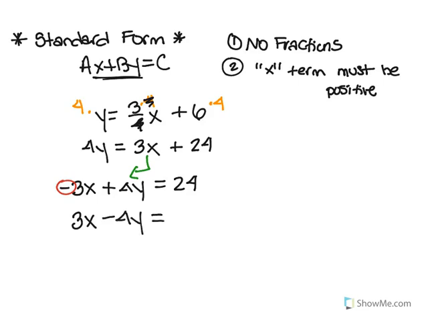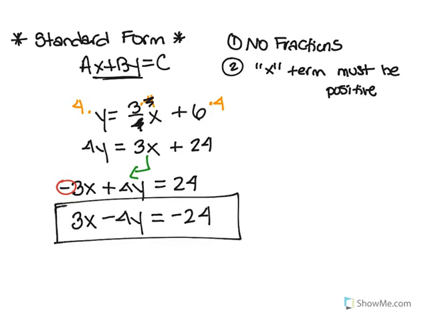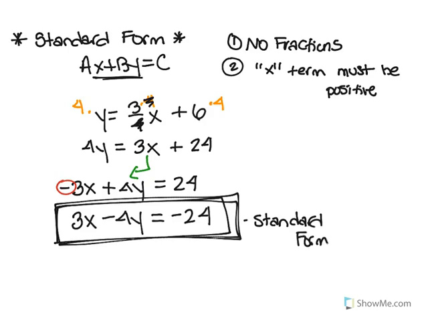And what type of 24? Negative. Then you're done. That's the same equation. It's just in standard. This is standard form. Okay? I want to make sure I gave you an example of how to go from slope-intercept to standard. Questions?